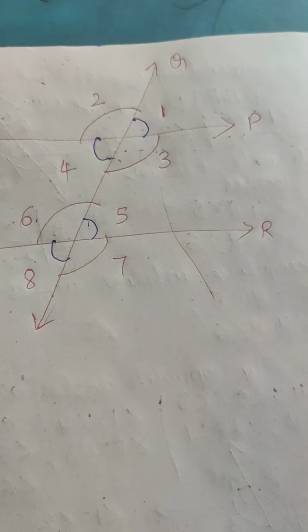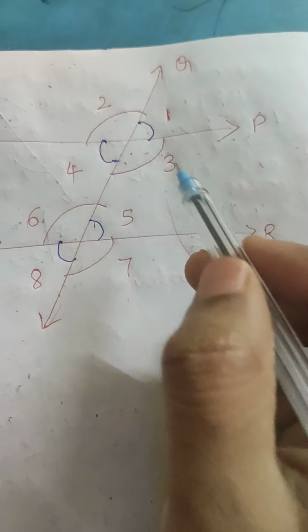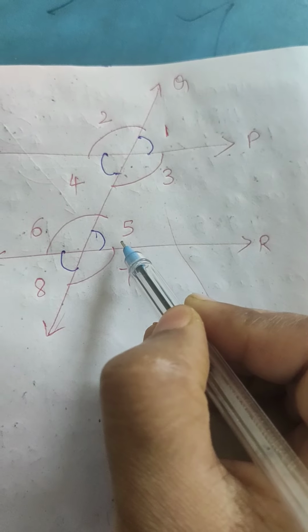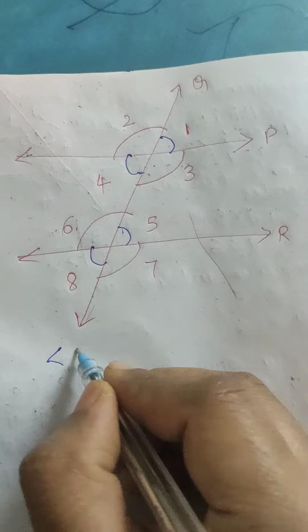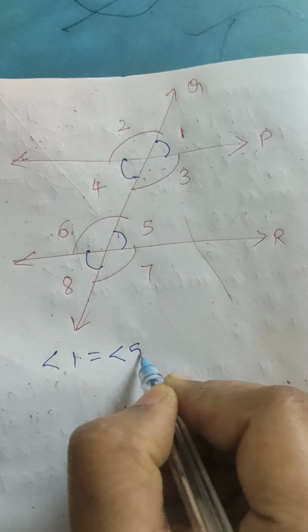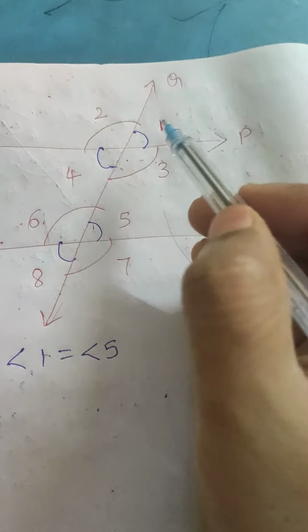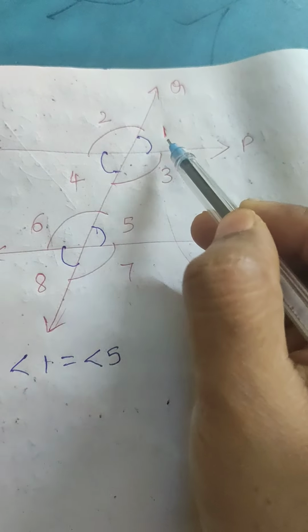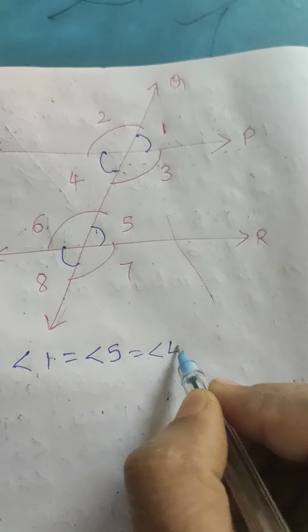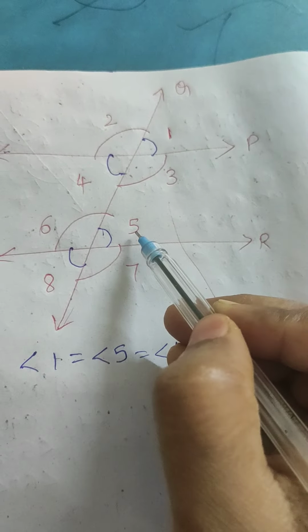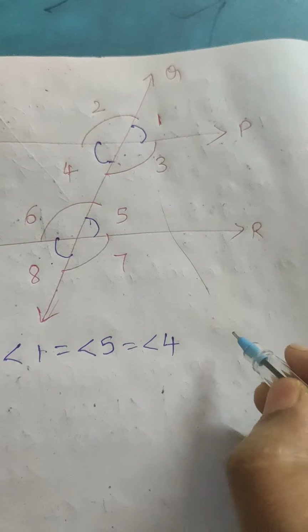If we observe, corresponding angles are 1 and 5. We have learned that corresponding angles are equal, so 1 is equal to 5. Also we have learned that vertically opposite angles are equal. Therefore 1 is also equal to 4, and 5 is equal to 8.